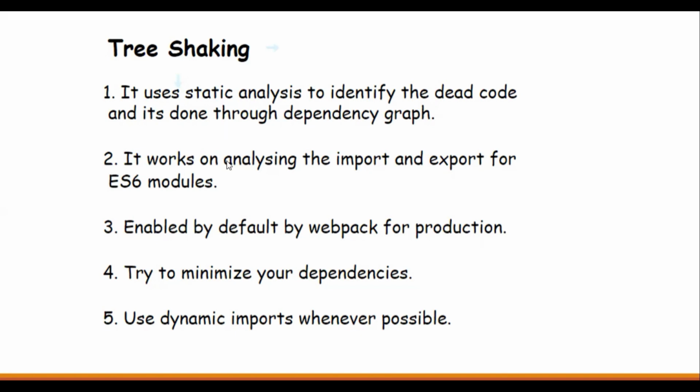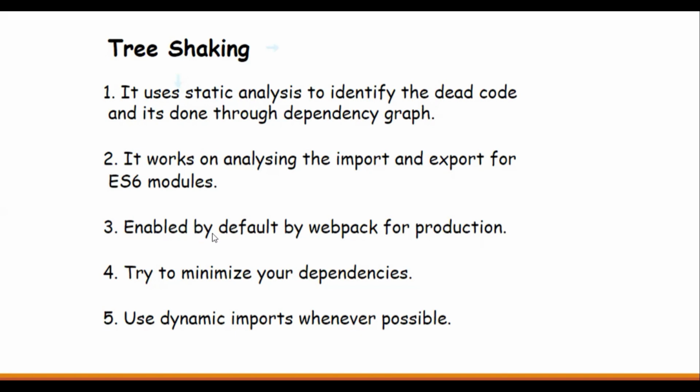Second point: it works by analyzing the imports and exports of ES6 modules. If you are not using ES6 modules, then tree shaking won't be able to determine which part of the code is used by the application or not. To enable tree shaking, make sure that you are using ES6 modules for your exports.